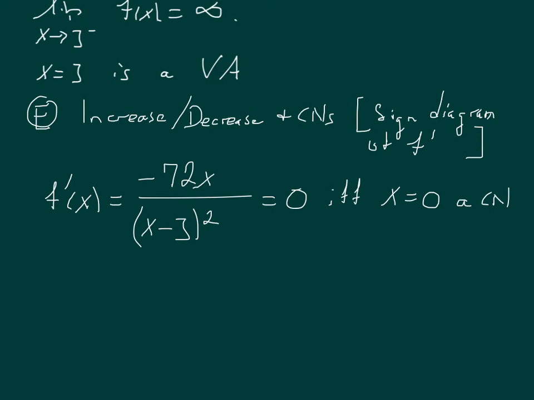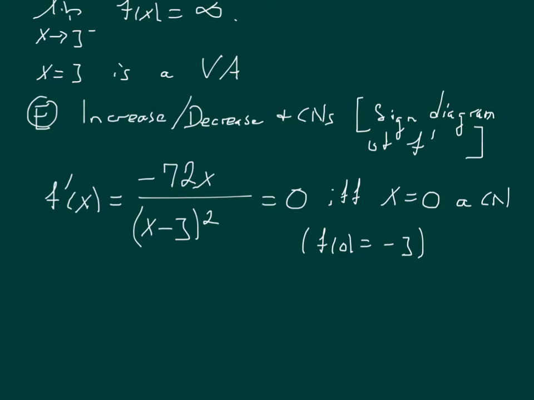All right, and let's note that f at 0, well, we actually already calculated that. f at 0 was minus 3. Okay, so at x equal to 0, y equal to minus 3, we have f prime of x equal to 0. That means we're going to have a horizontal tangent line.